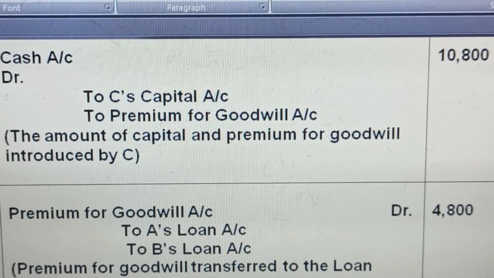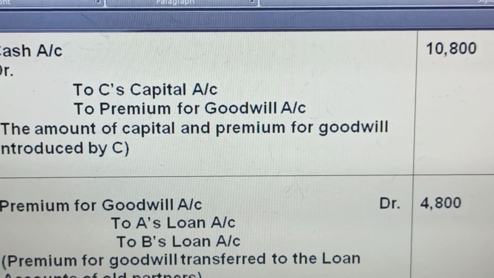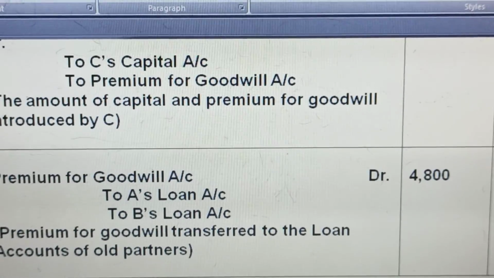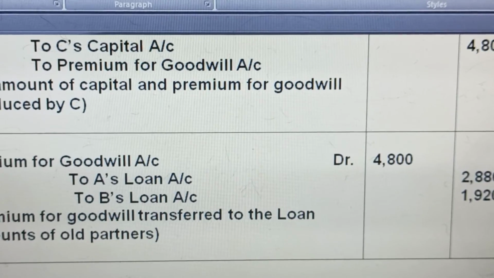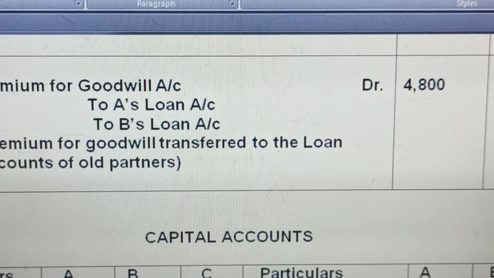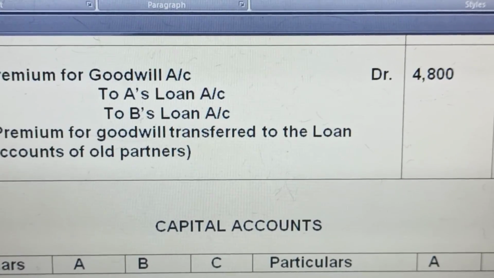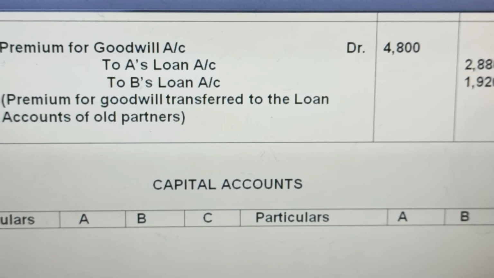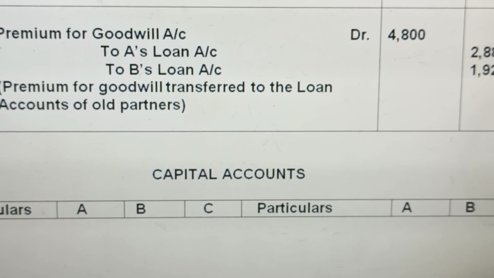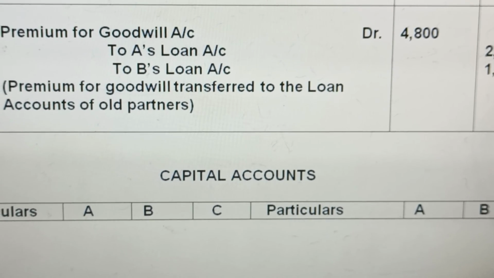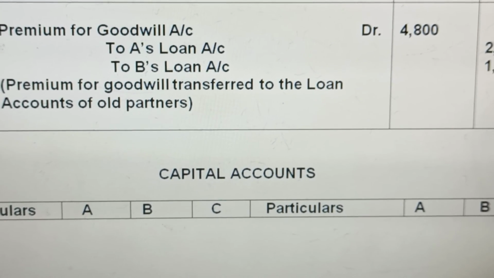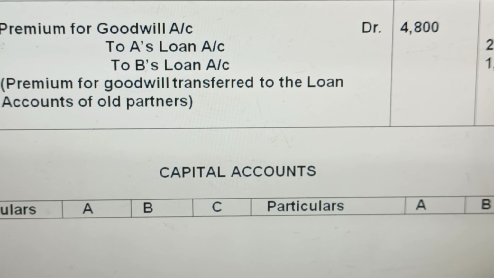In the sacrifice ratio, we know the new ratio, we know the old ratio. This is cash to capital and premium for goodwill, the goodwill that is brought by the new partner. In case the sacrifice ratio comes out to be a gain for one partner, we make no change, but that comes in the gaining ratio. Premium for goodwill to A's loan account and B's loan account, very clearly it has been mentioned.